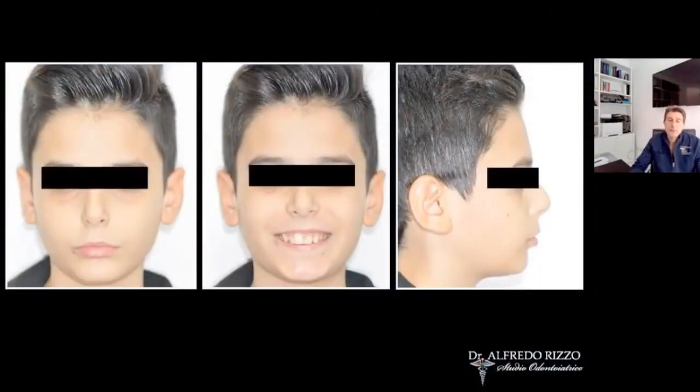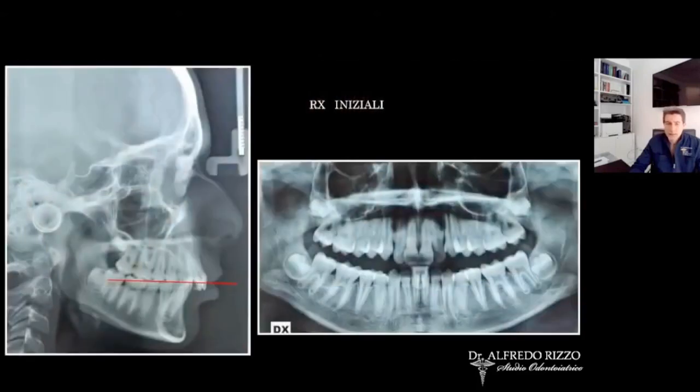And here we see another case. It's a very serious deep bite with a complete class 2. On the cephalometric x-ray, we see the occlusal plane and the lower incisors are a bit extruded, but the main reason for the deep bite is the upper incisors.